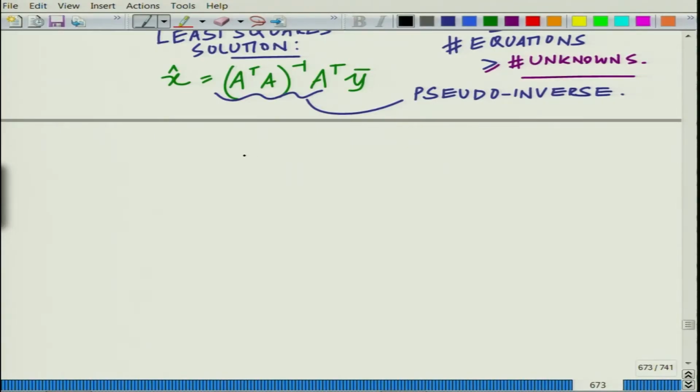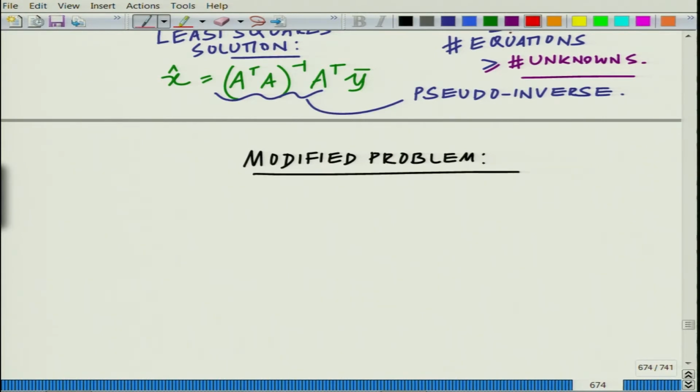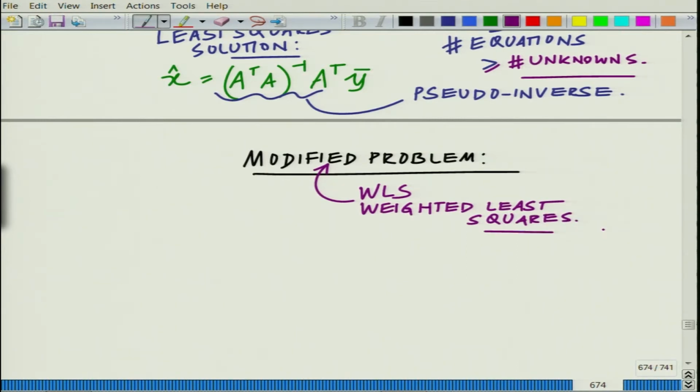So, you have the LS, which is the least squares, and then you have the modified problem, which is what we call the WLS, the weighted least squares.